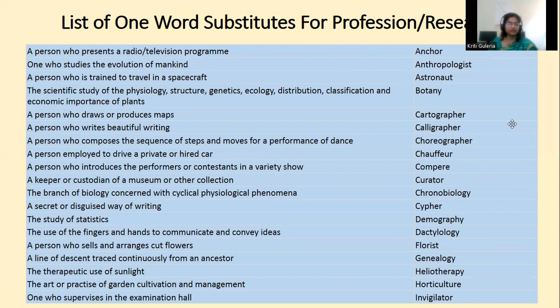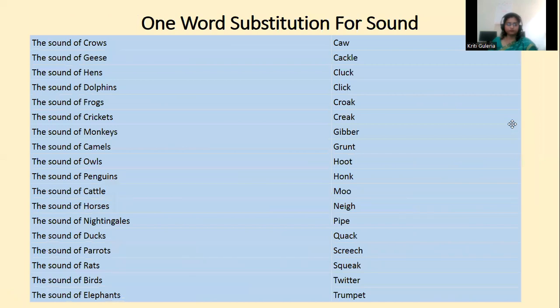Next, one who supervises in the examination hall is invigilator. So these were the few categories under which we can substitute the entire phrase.